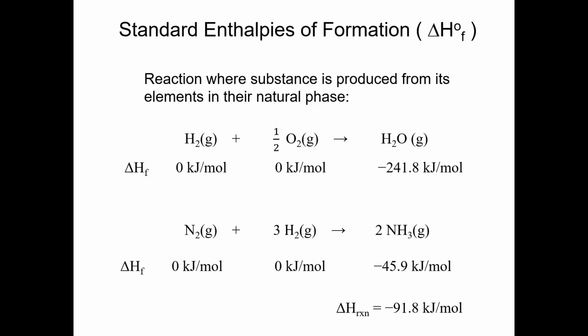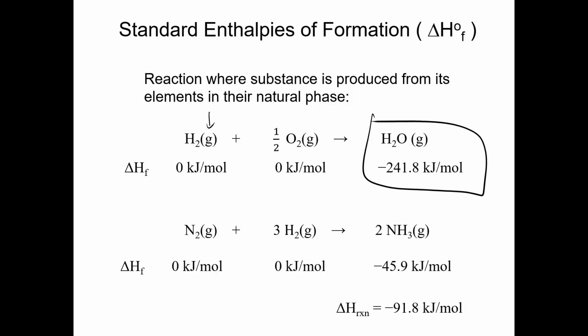And so that's what that means here, right? The delta H of formation of the elements in their natural phase is 0, so the delta H for anything else is then simply you pick it apart here. Hydrogen and oxygen, you put them on the left side in their natural phase, and the delta H of formation here, minus 241.8 kilojoules, is based on the reaction shown. Same for NH3. You can do this with any compound, even with 3 and 4 atoms, so you just have to add. You just have to find what they are.